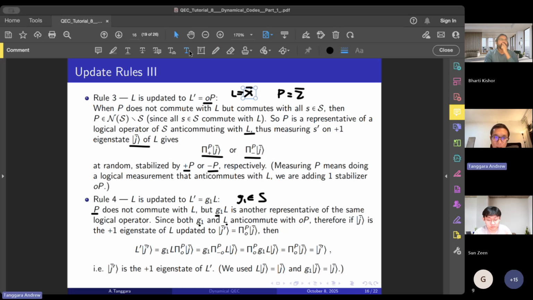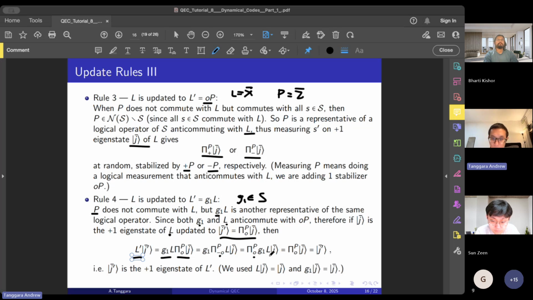Now I want to show that this L bar stabilizes this new projected +1 eigenstate of L, right? That's the definition of the projected +1 eigenstate, and that's the definition of L prime. I can move the L to the other side and flip the sign of the projector. Then I move the G1 to the other side again and flip the sign of the projector again. But now I'm back to where I was on this projector.